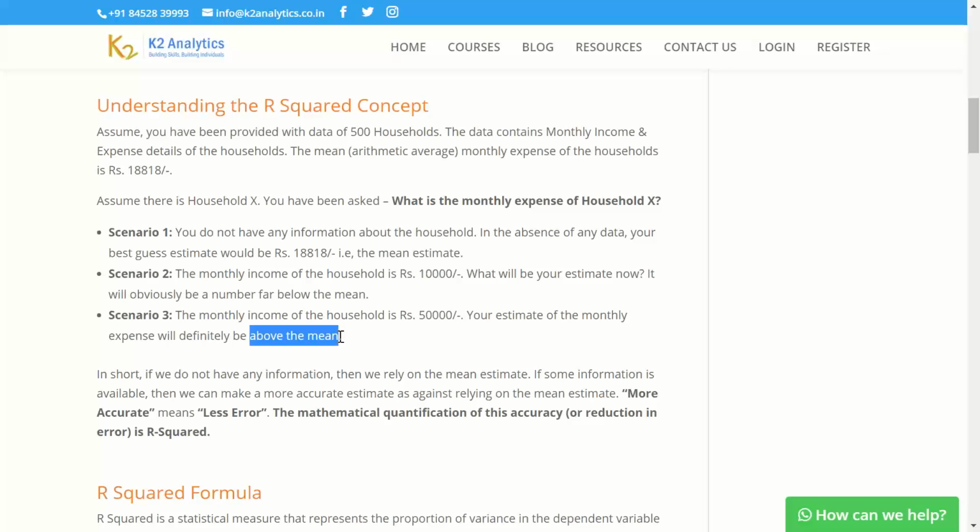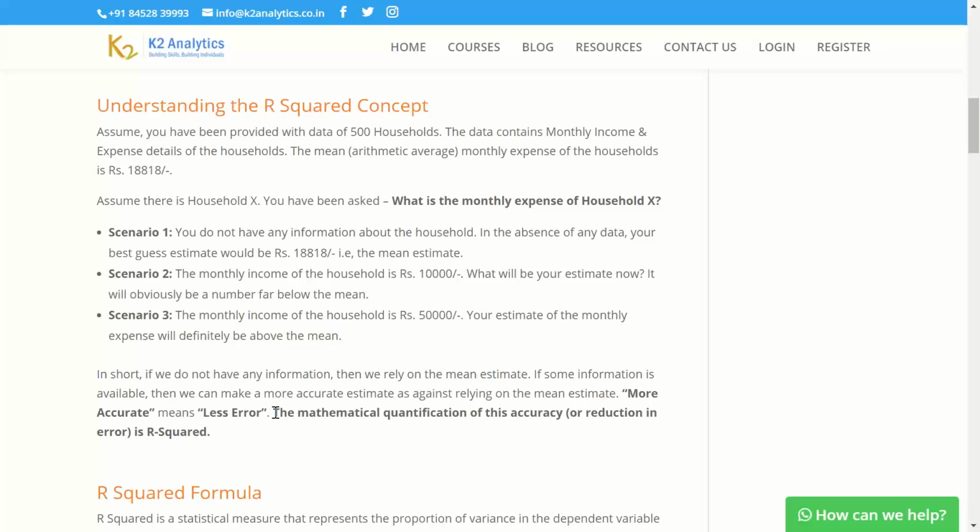Now, the only thing we are doing is, in a linear regression, when income and expense information both are given, we regress the expense with respect to income and build an equation. Once we have a linear regression equation, for any income information, we can predict the likely expense of the household.